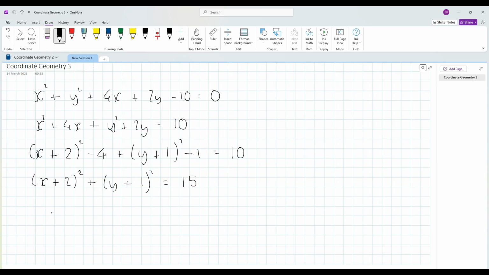So the centre is as before, the negative, because it's positive, negative 2 and negative 1, and r equals the square root of 15, which gives us our final answer.